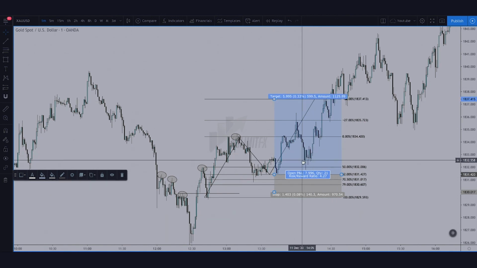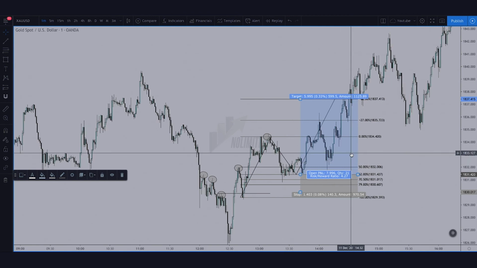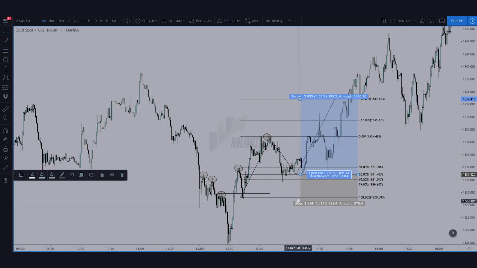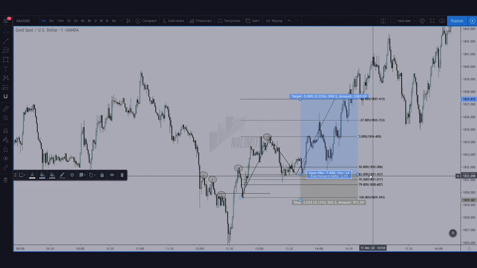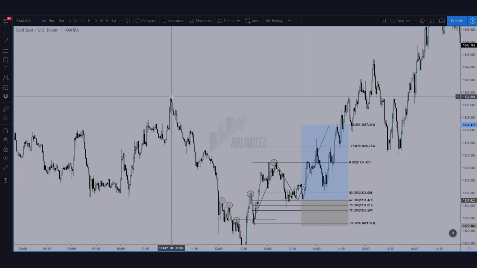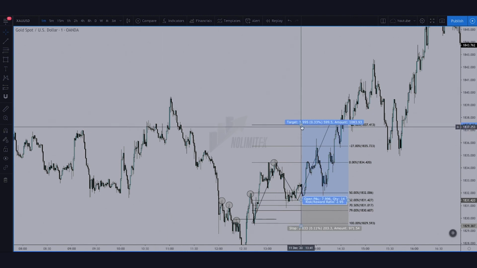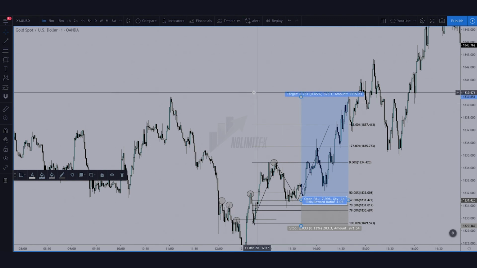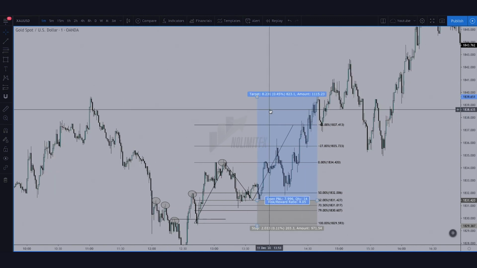For almost 4.3R, which is great. If you place your stop loss below this low, it's almost 3R, right? But we also have this low, which is printed on the 11th of December. Boom, 4.5 or 0.5R, I apologize.